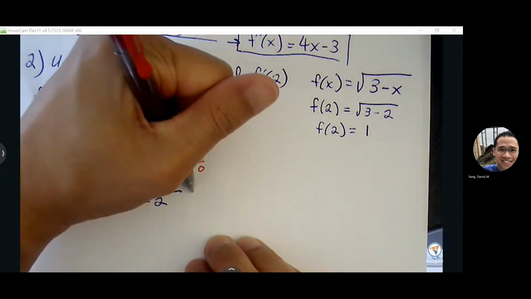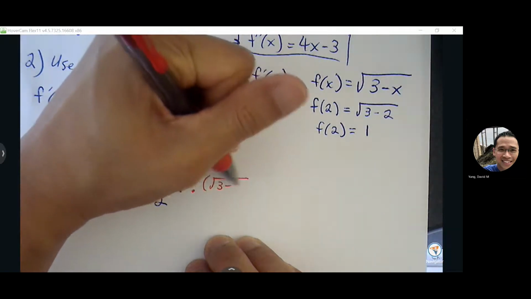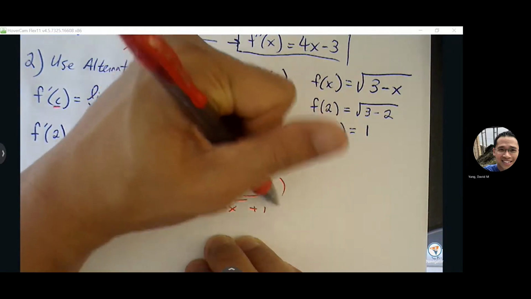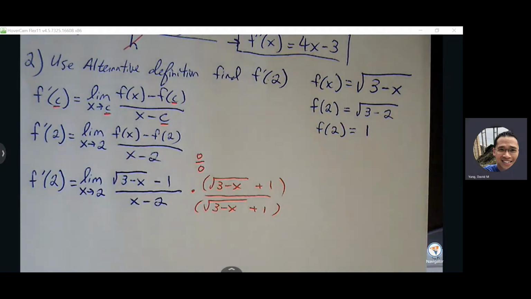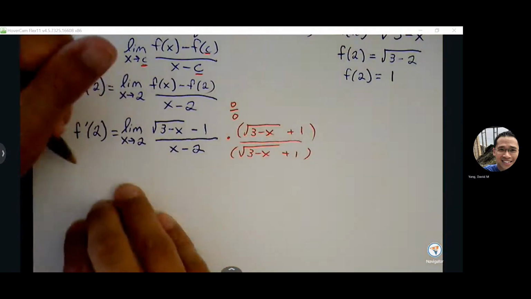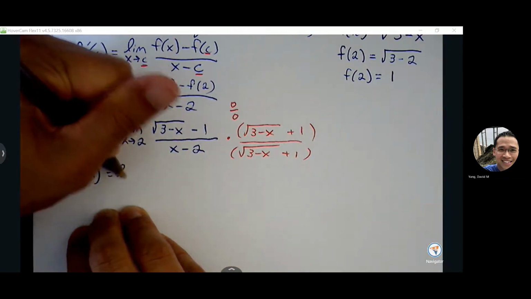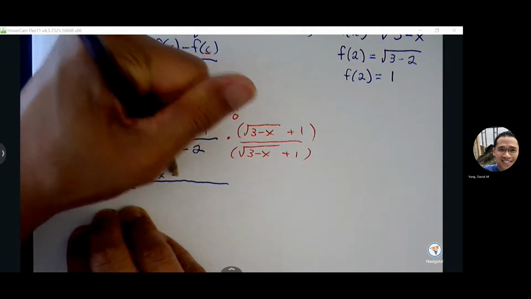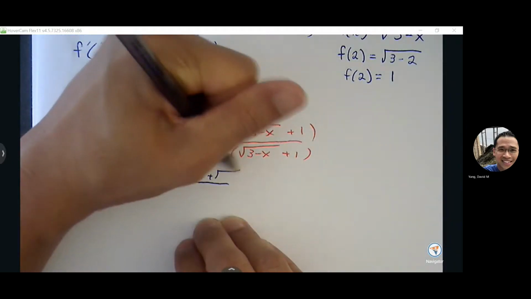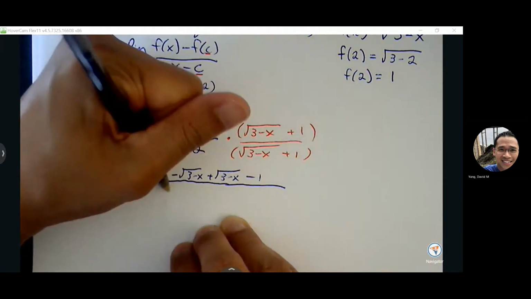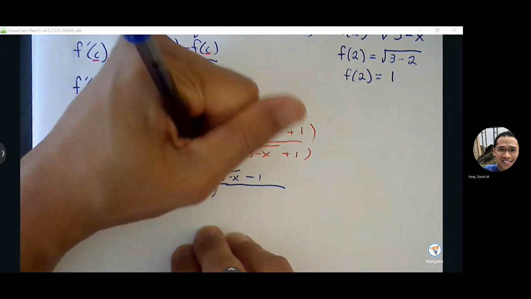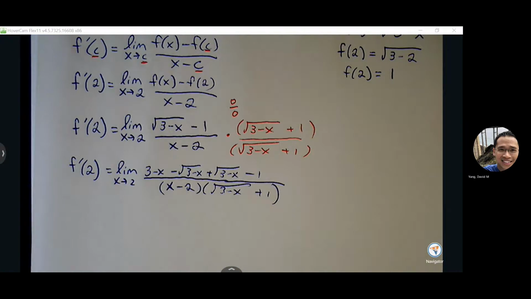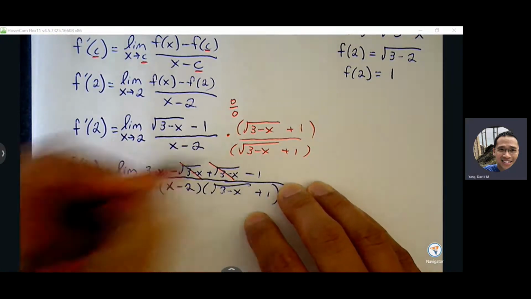Okay, conjugate method. All right, go ahead and FOIL. Okay, the radical goes away nicely.